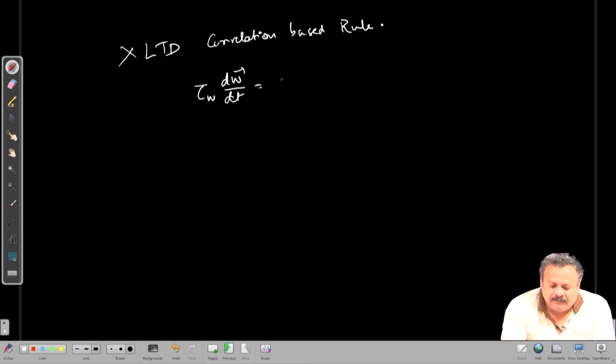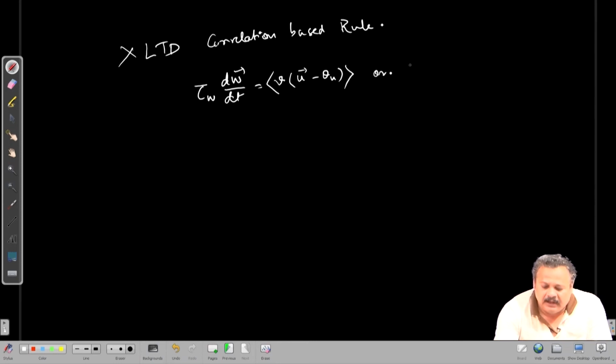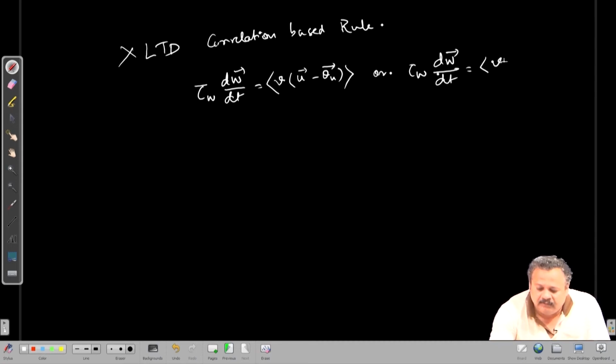We have either V times U minus theta U and average of that, or we can have tau W as dw dt equals average of, so this theta U is a vector, V minus theta V times U and average of that.